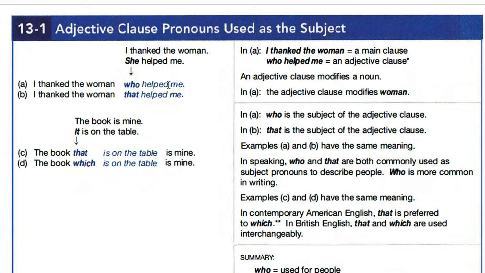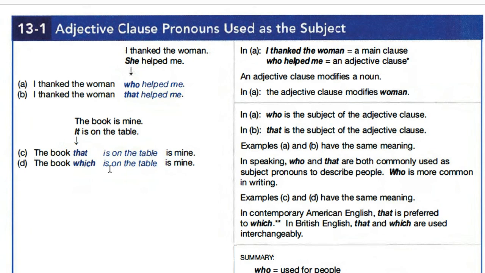"Who helped me" referred to the woman, and the woman did something. You're describing the woman as she helped you. "I thank the woman" is a main clause. "Who helped me" is an adjective clause. The book that is on the table is mine, and the book which is on the table is mine.